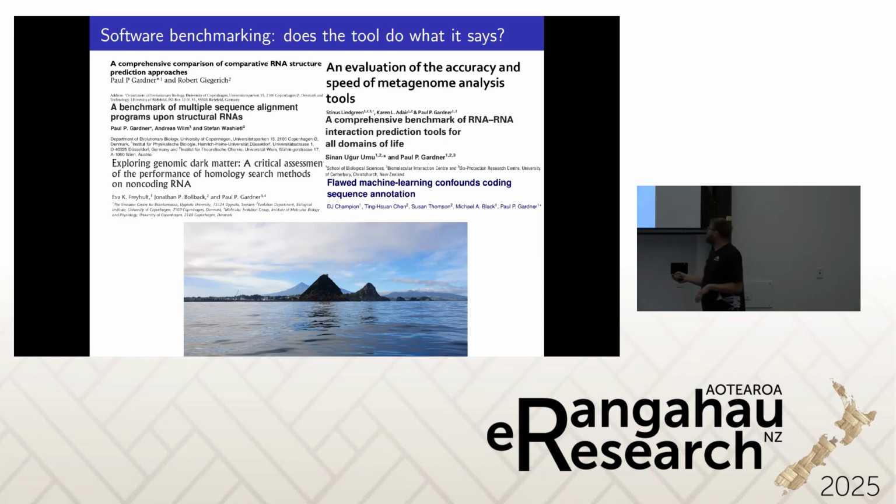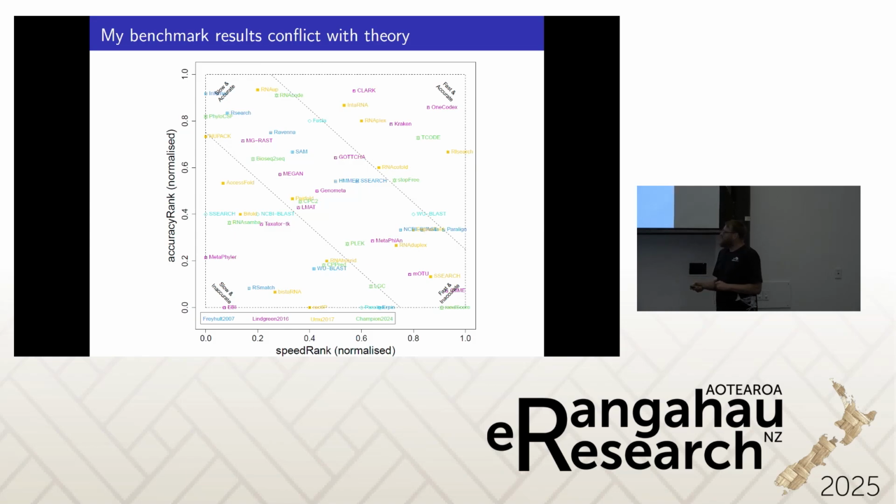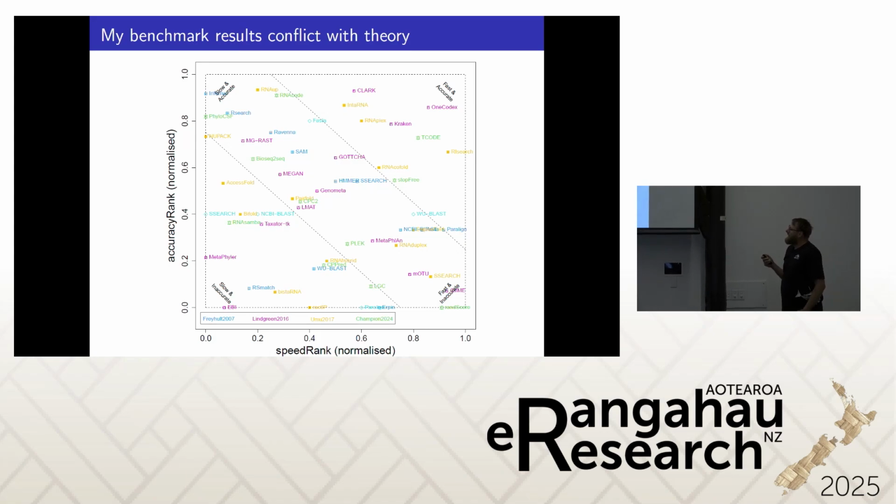So that's still a work in progress. One of the things I noticed after publishing a few of these is that every time I ran one of these benchmarks, pretty much, there was some tool that took like a week or a month to run and was not very accurate in terms of the results.